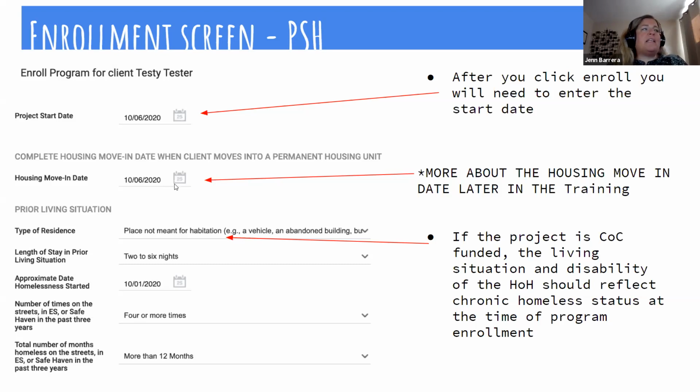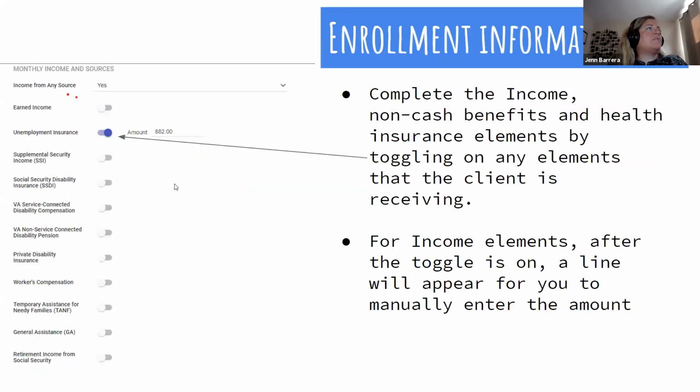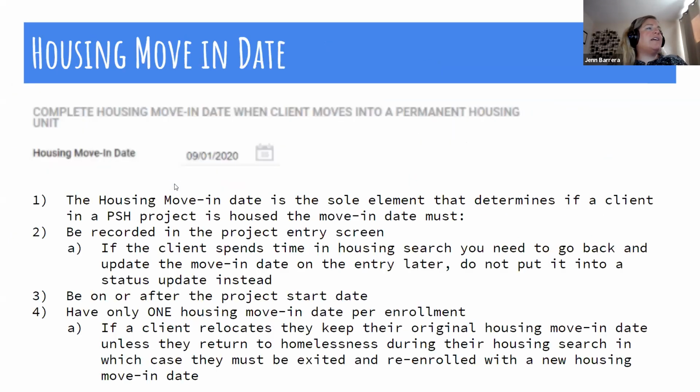It's the sole element that determines if a client in a permanent supportive housing project is housed. In order to do so, that move-in date must be recorded in the project entry screen. I just showed you that. If a client spends time in a housing search, which typically for permanent supportive housing, that's not true. For rapid rehousing, it is.